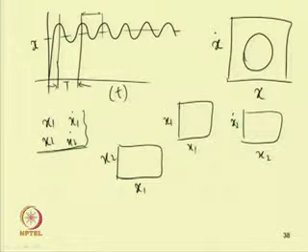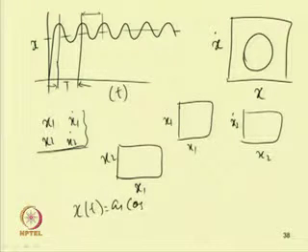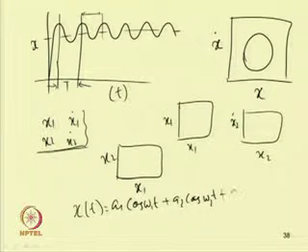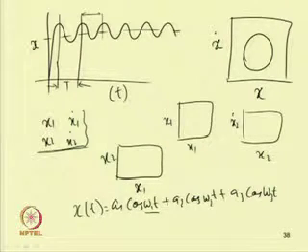In that case the response can be written as x(t) equal to a1 cos omega 1 t plus a2 cos omega 2 t plus a3 cos omega 3 t. So a number of frequencies may be present in the system. If omega 1, omega 2 and omega 3 have an integer relationship, then one can find a periodic response.